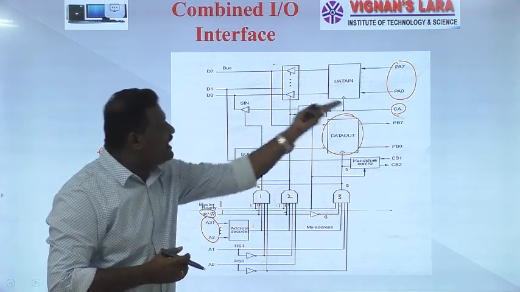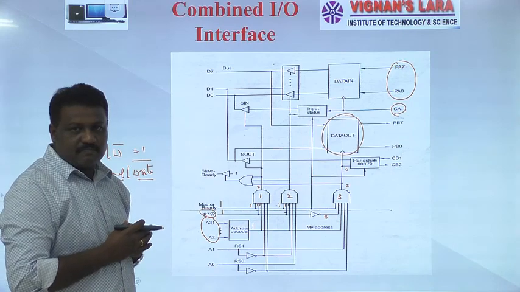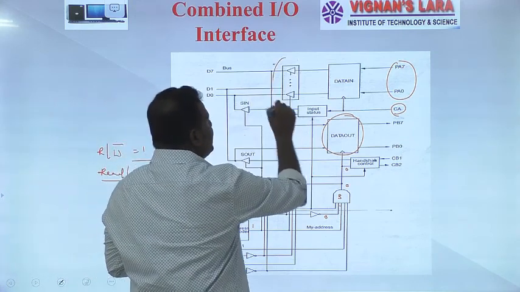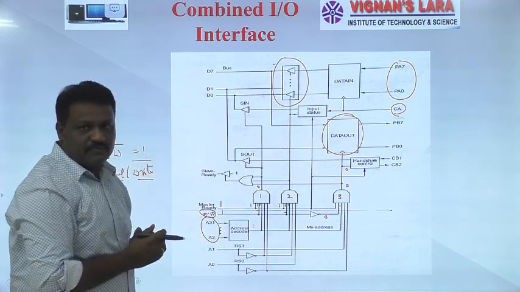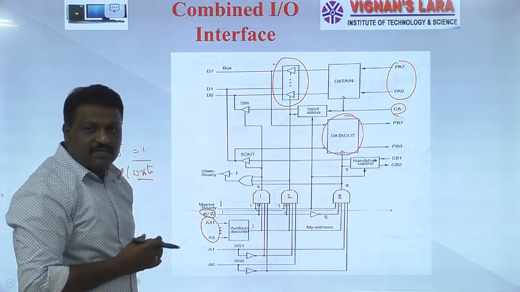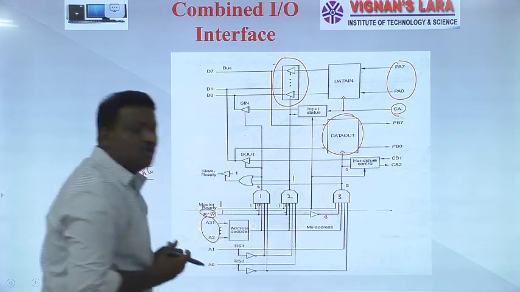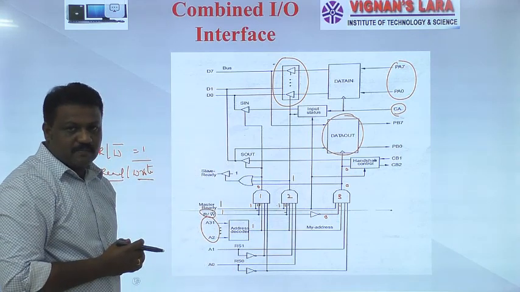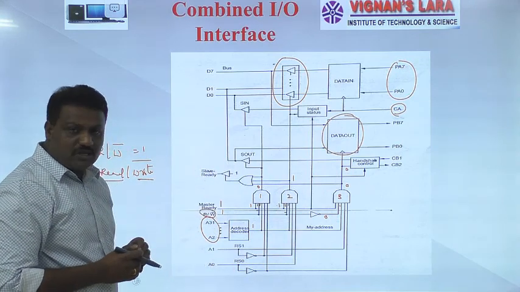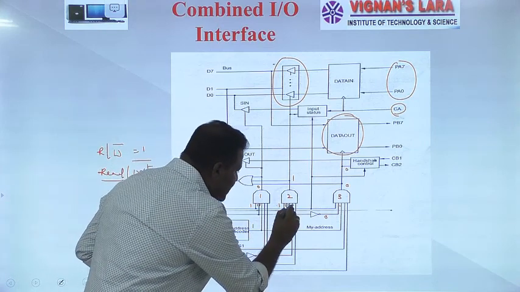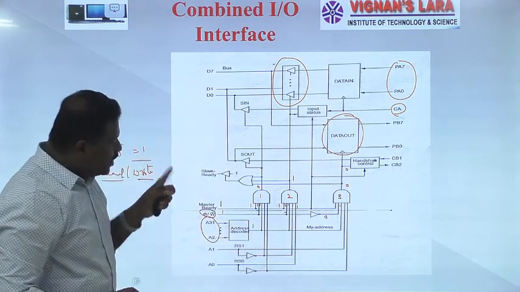In order to receive data from that, this driver circuit must be active. The driver circuit is active only when AND gate 2 output becomes 1. When AND gate 2 produces logic 1, its 2 inputs are set to 1 and 1. What are those 2 inputs?